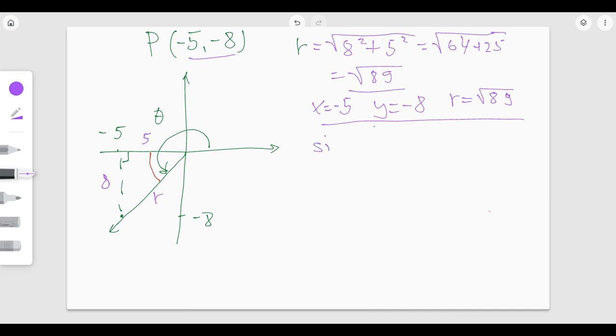With those values now, it's very easy to find each of the primary trig ratios. Let's start with sine. Sine theta is opposite over hypotenuse, which is y over r. So it becomes -8 over the square root of 89. So in the third quadrant, sine is negative. Cosine theta is x over r.